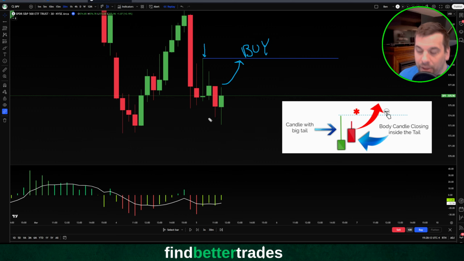Another thing we want to see is down here. This is our own custom indicator for volume, which you'll be able to grab as well when you get access to this. This is our volume histogram. Whenever you see this go up, that means volume is going up for the upside.